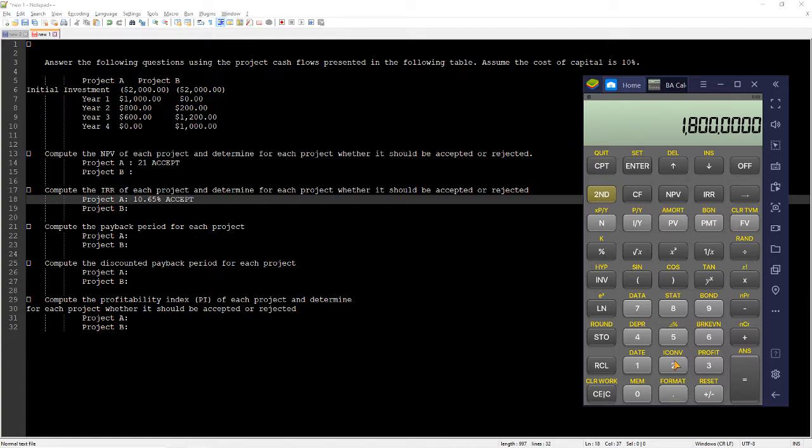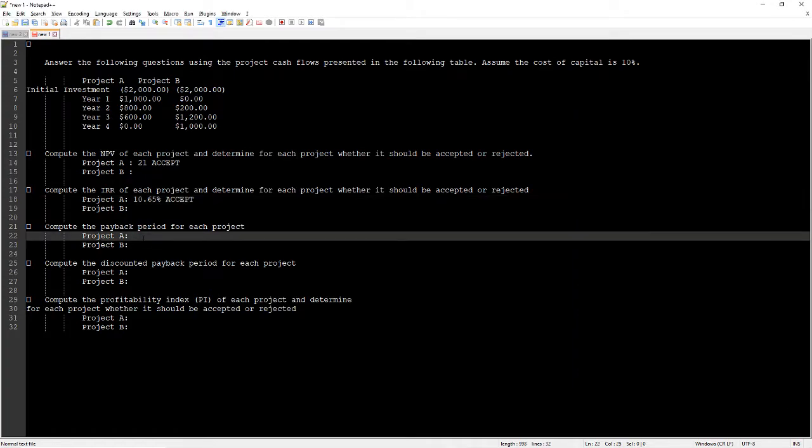In the third year, it's not the entirety of the year, it's some percentage of it. We take 2,000 minus the first 2 years' cash flows, and divide by the year 3 cash flow of 600. We get 0.333, so project A's payback period is 2.33 years, meaning we'll recover our initial investment in 2.33 years.